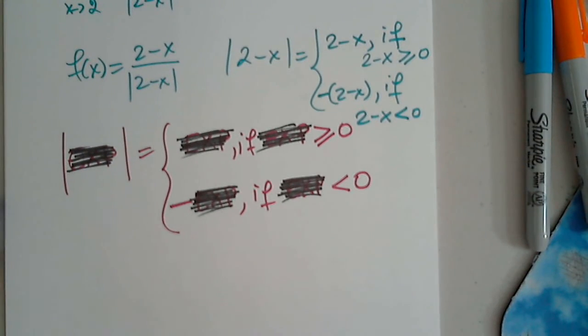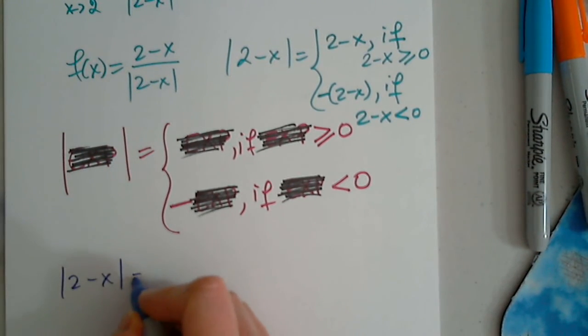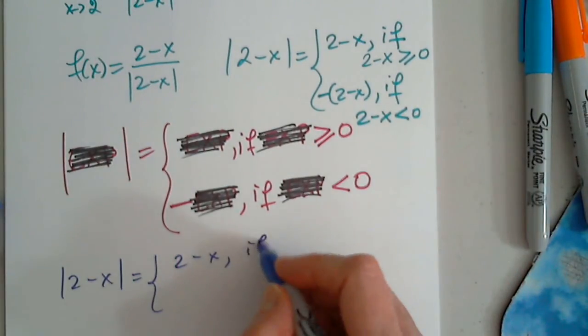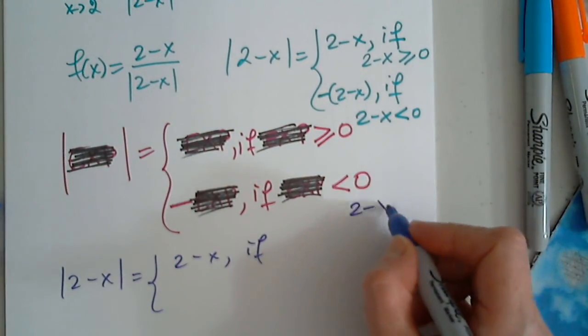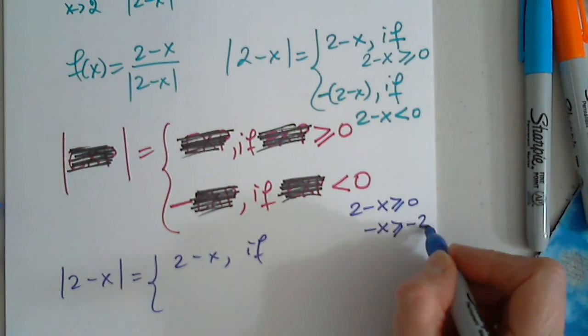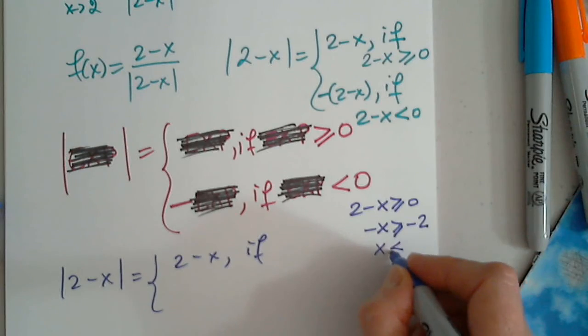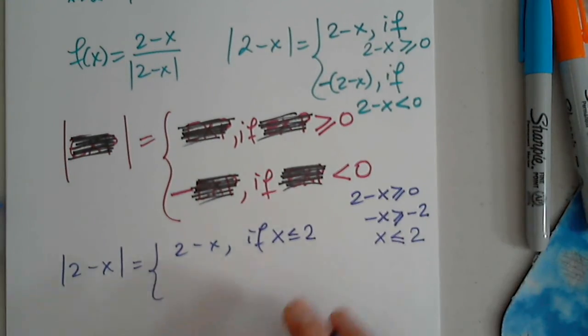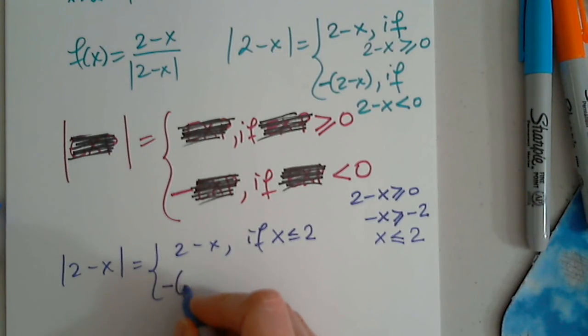So then I continue: the absolute value of 2 minus x is 2 minus x if, and once I solve 2 minus x greater than or equal to 0, negative x greater than or equal to negative 2, and I divide, x is less than or equal to 2. The other one is the opposite of 2 minus x. Let's leave it like that.